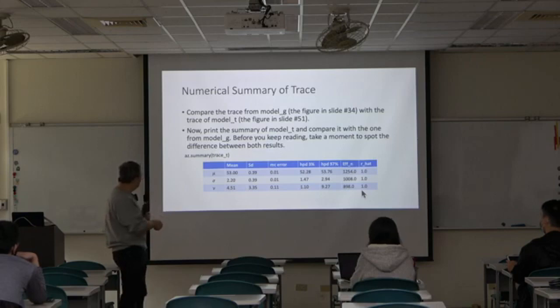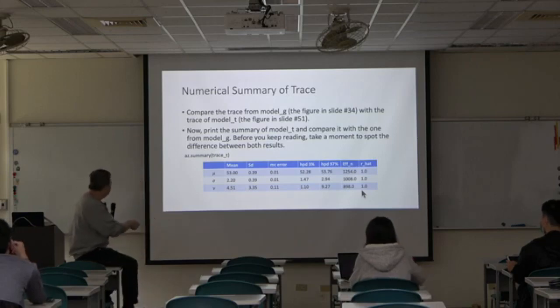Okay, so you can see μ is now 53, σ is 2.2, and this ν, whatever we call it, is 4.5. The mean is 4.5.